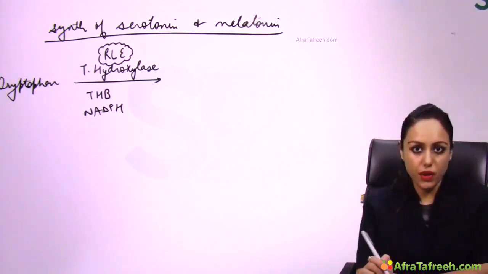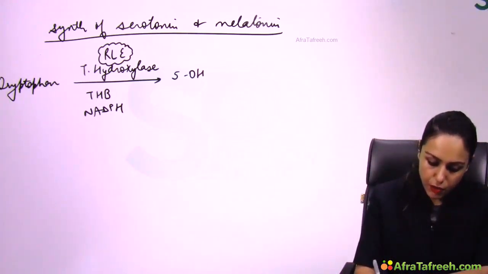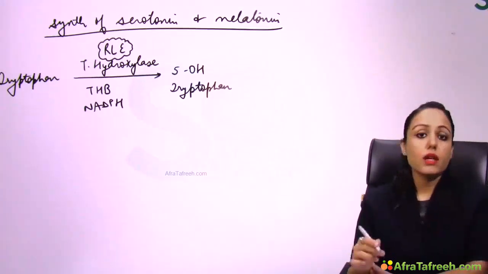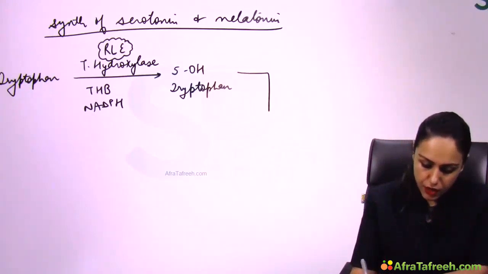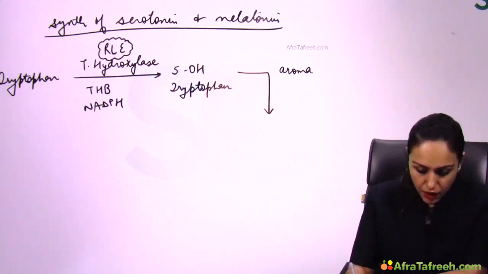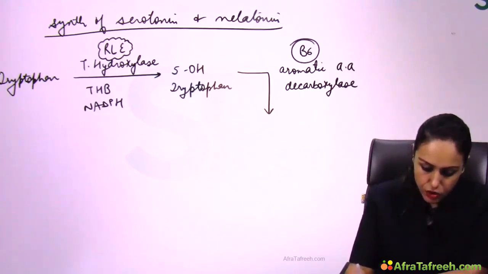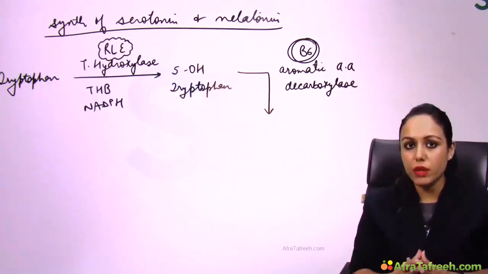Very important enzyme here. So as the enzyme is hydroxylase, we are adding hydroxy group. 5-hydroxytryptophan is formed. We are just adding hydroxy group here, right? Now after hydroxylase enzyme, the next enzyme is decarboxylase, that is aromatic amino acid decarboxylase. This is a simple decarboxylation reaction occurring here, which requires vitamin B6.